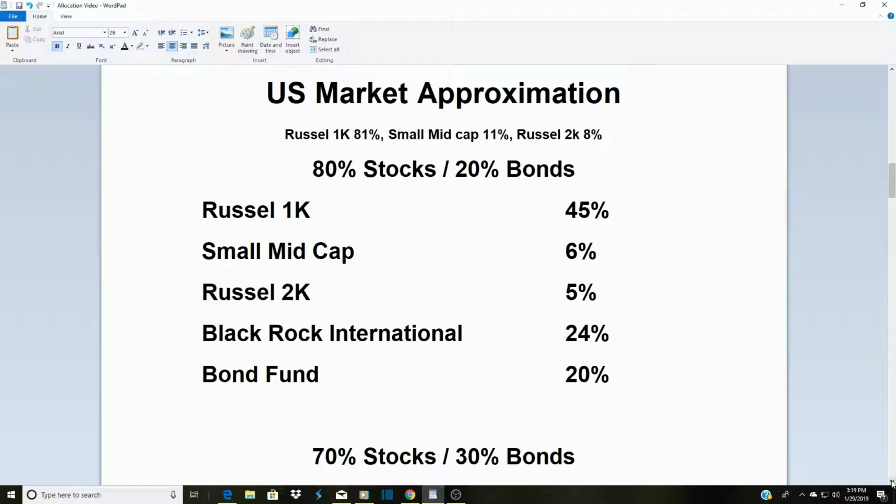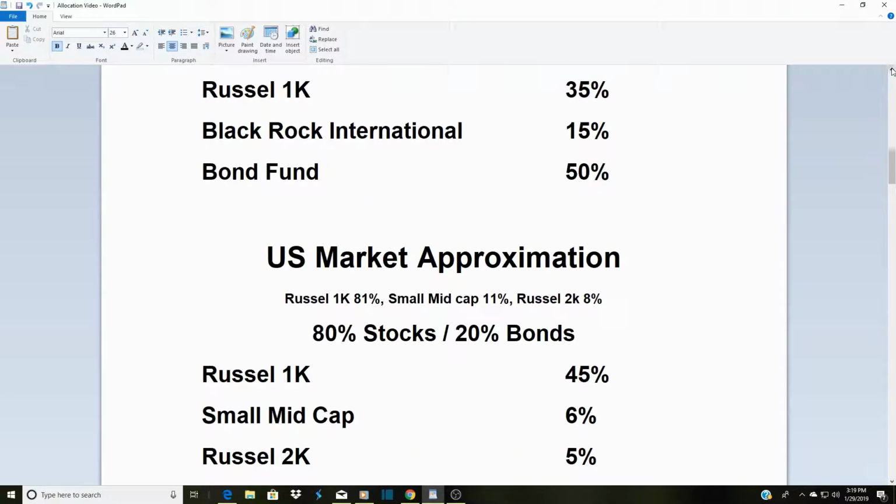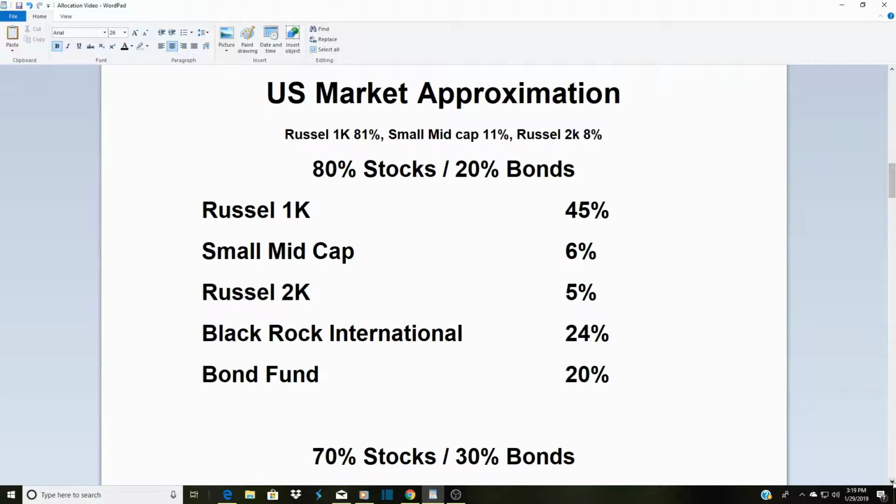Now remember on the previous fund, we had the Russell 1000 at 56%. So at that one, at 56%, if you take 56 times 0.81, we're rounding here, that gives you approximately 45%. Then if you take 56% times 0.11 for your 11% small mid cap, that'll give you approximately 6%.